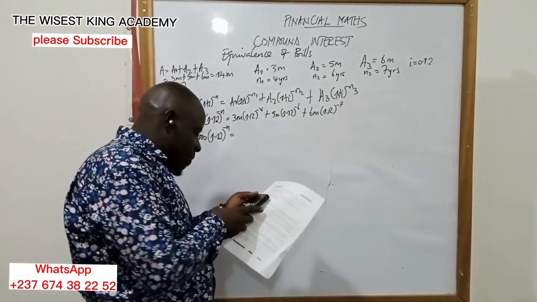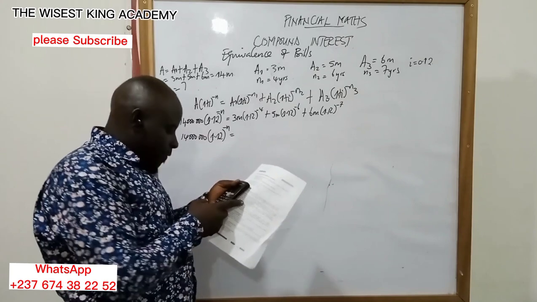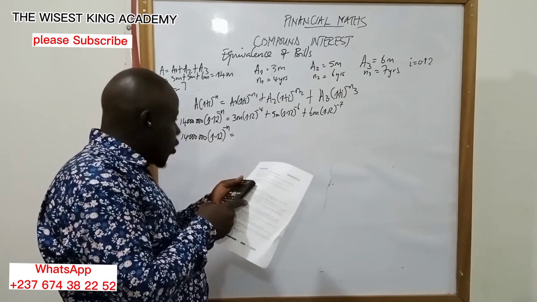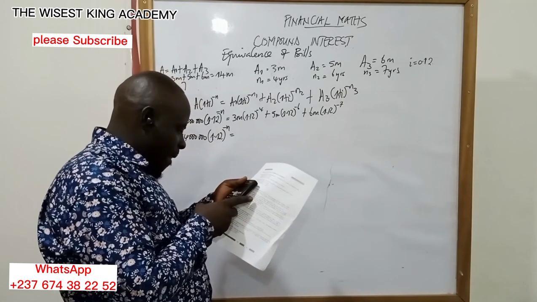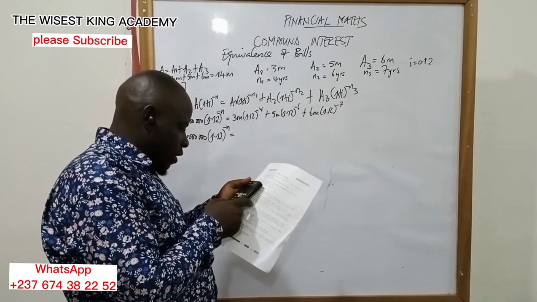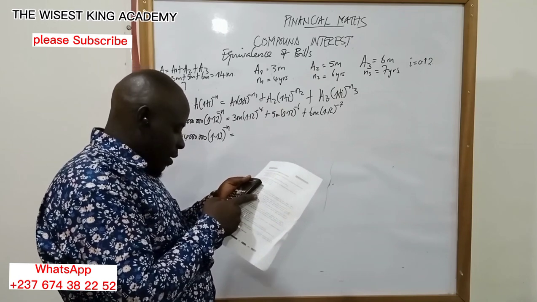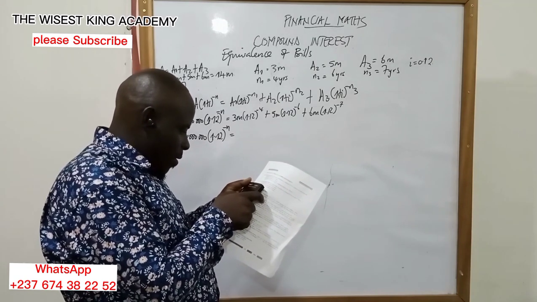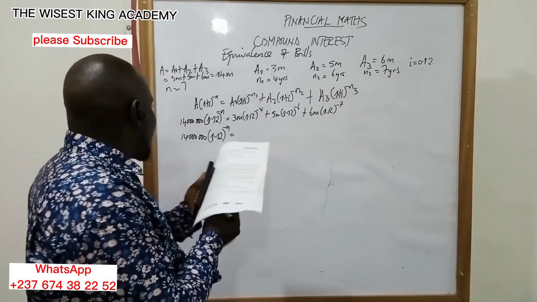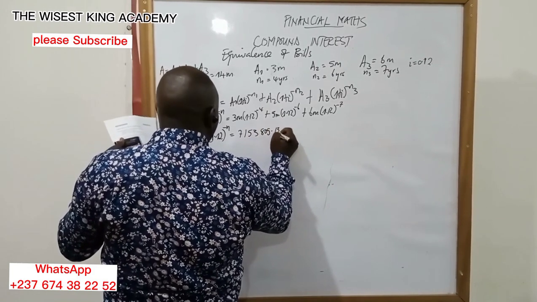So I have 3 million times 1.12 raised to the power negative 4 plus 5 million times 1.12 raised to the power negative 6 plus 6 million into 1.12 raised to the power negative 7. That's going to give us 7,153,805.133.